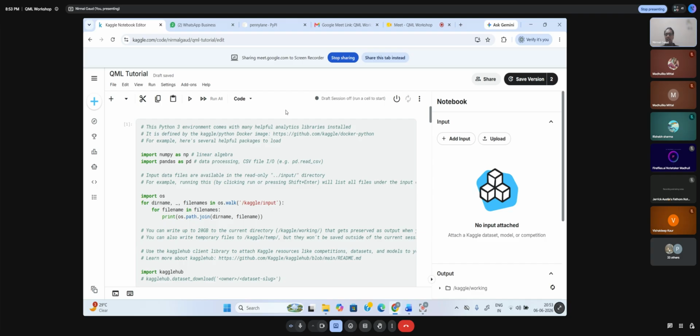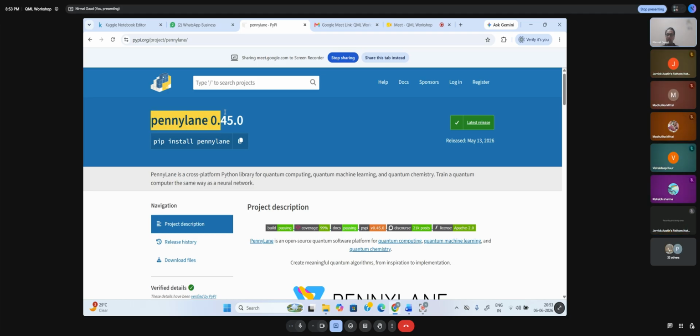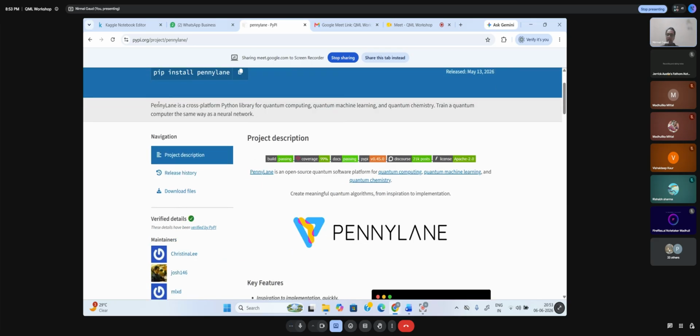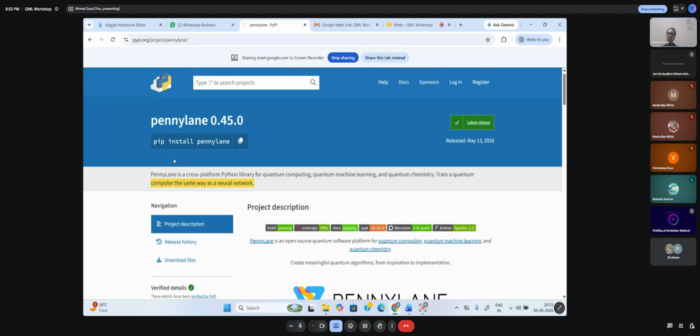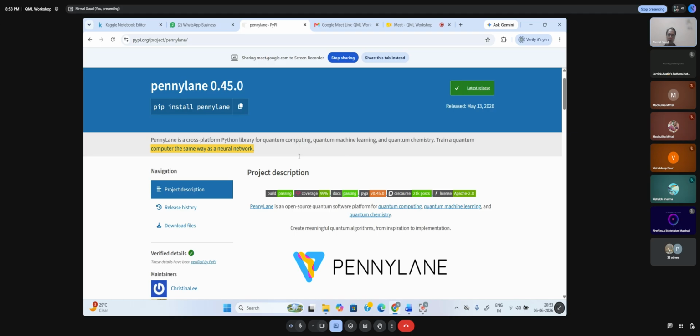There is a library called PennyLane. PennyLane is a cross-platform Python library for quantum computing, quantum machine learning, and quantum chemistry. You can train a quantum computer the same way as a neural network by using this PennyLane library. Before using it, you need to install it: pip install pennylane.